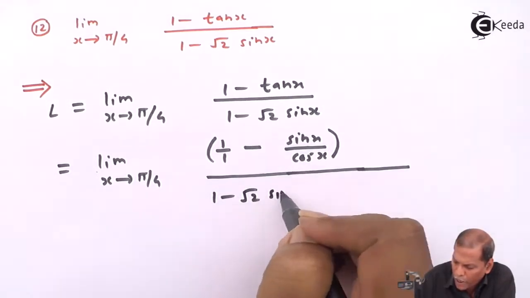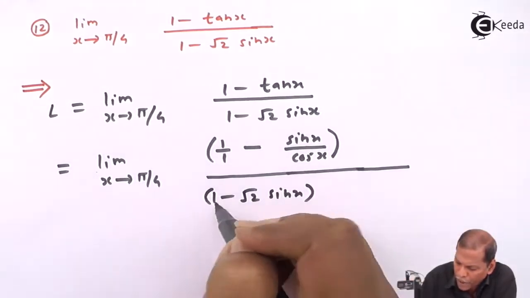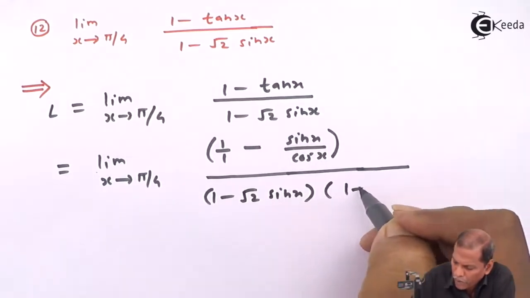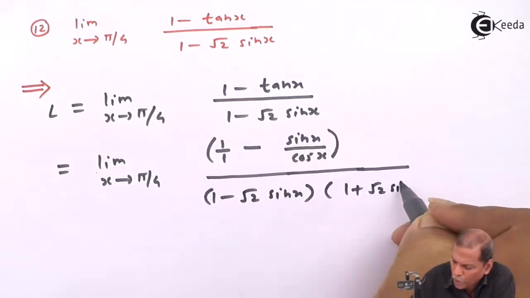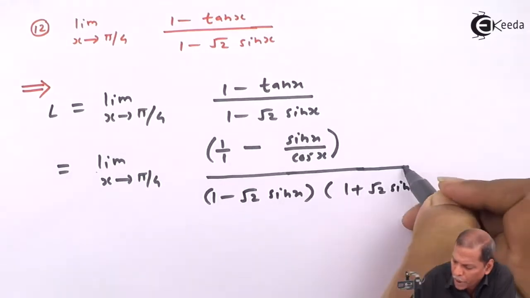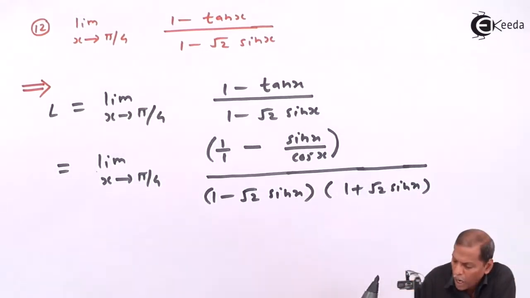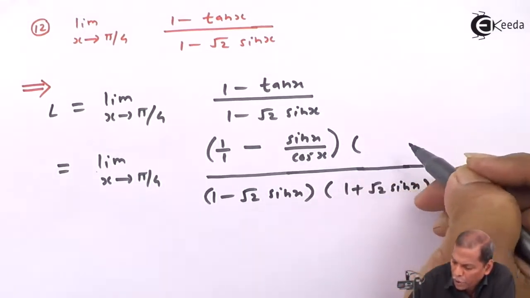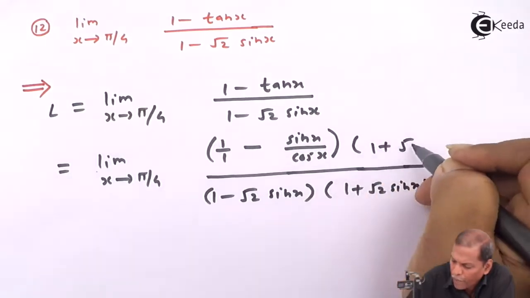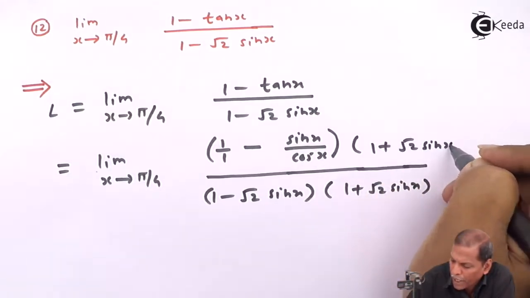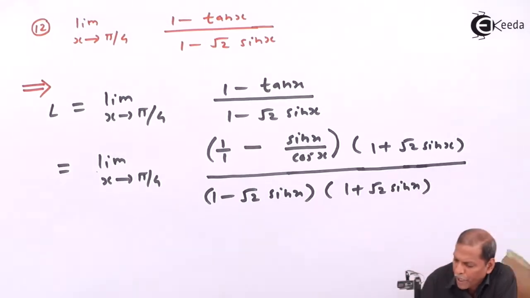we have 1 minus root 2 sin x in the first bracket, then 1 plus root 2 sin x in the second bracket, and the same rationalizing term, 1 plus root 2 sin x, we write in the numerator.